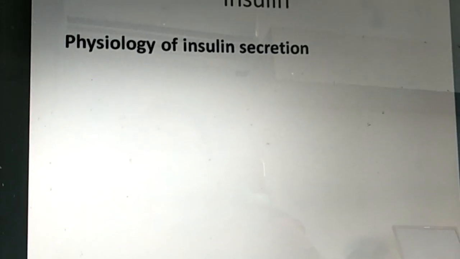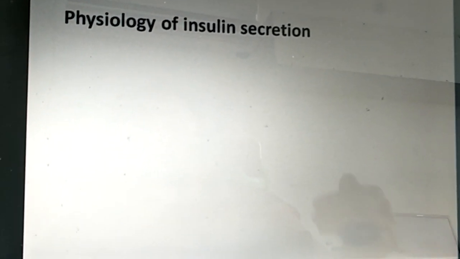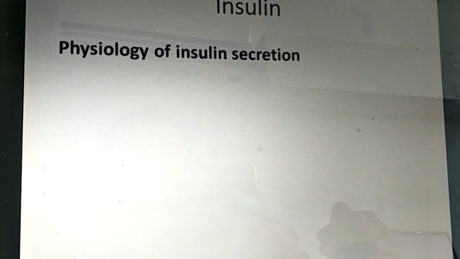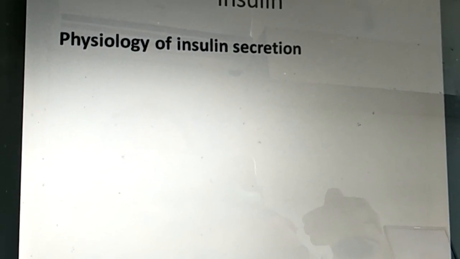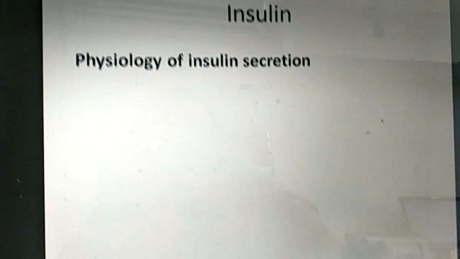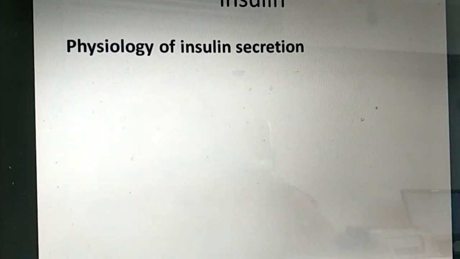Again, this is a repetition of whatever you have seen in your first prof, because the mechanism of action of drugs can be explained only if you know the mechanism of secretion of insulin.